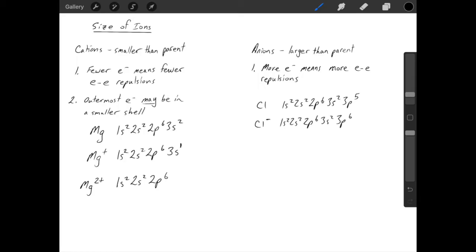You have one additional electron in the n=3 shell, and that means you have more electron-electron repulsions, so those electrons are going to be pushed further away from one another and further away from the nucleus, which makes the ion larger than the parent atom. There's also the possibility that if you add enough electrons, you might end up with the outermost electron being in a larger n-value shell, but this is extremely unlikely to happen, so I'm not even going to give an example of it.